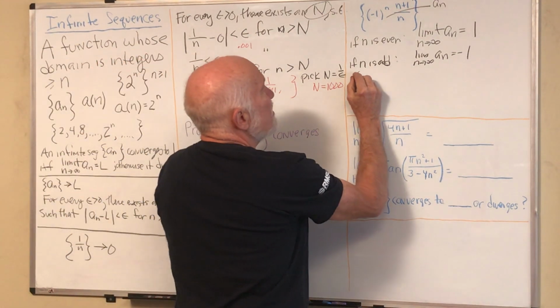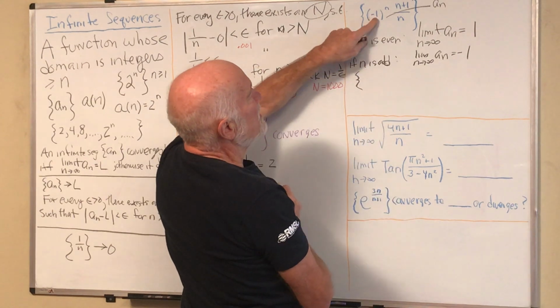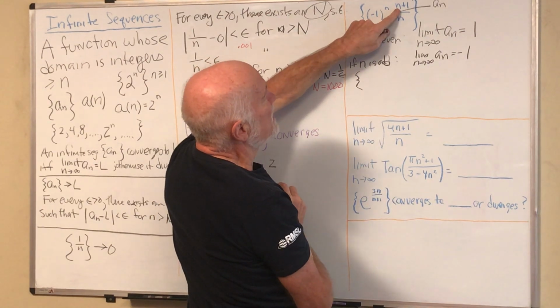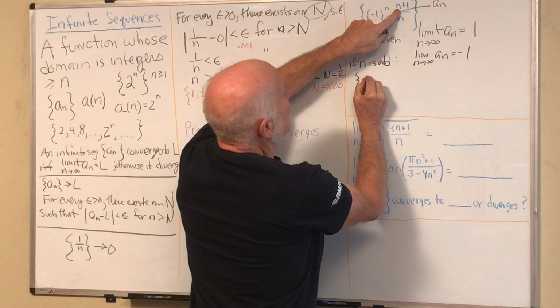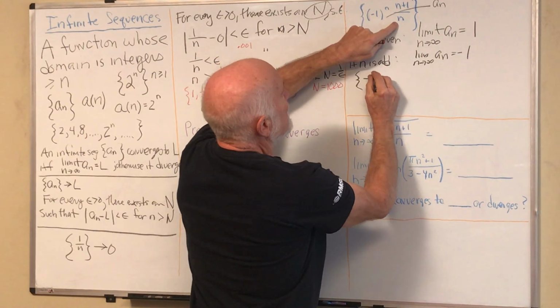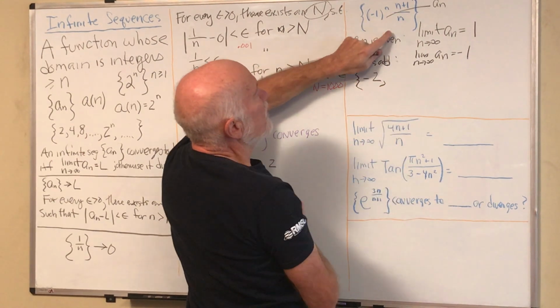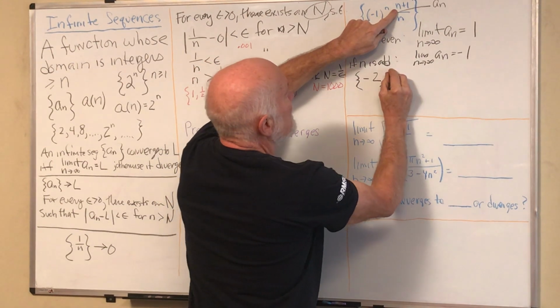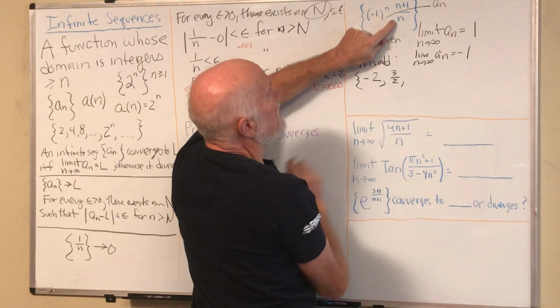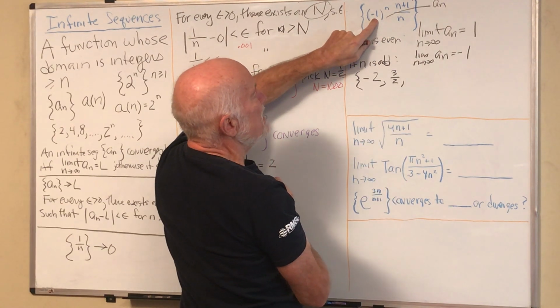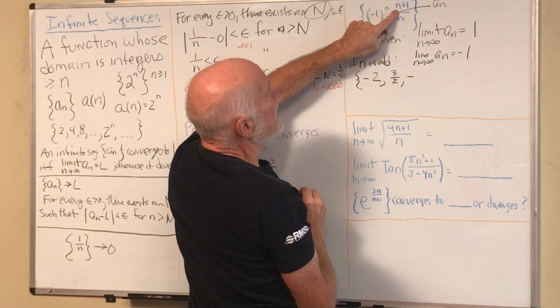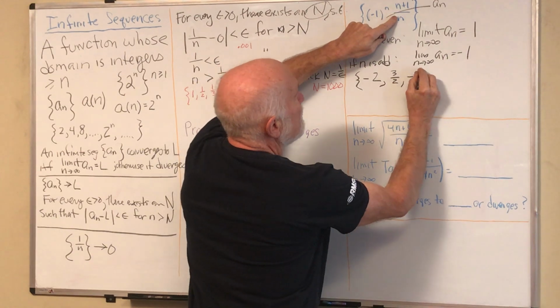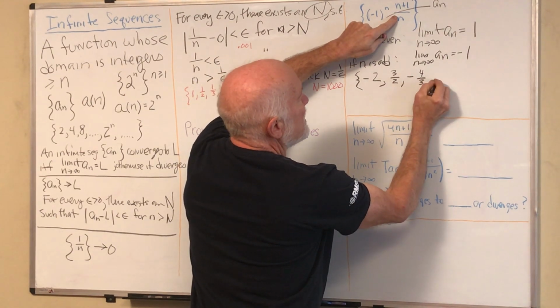So if you even started to write some of the terms, when n is 1, you get negative 2. When n is 2, it becomes positive, and you get 3/2. Then when n is 3, it's back to negative, and you get 4/3.